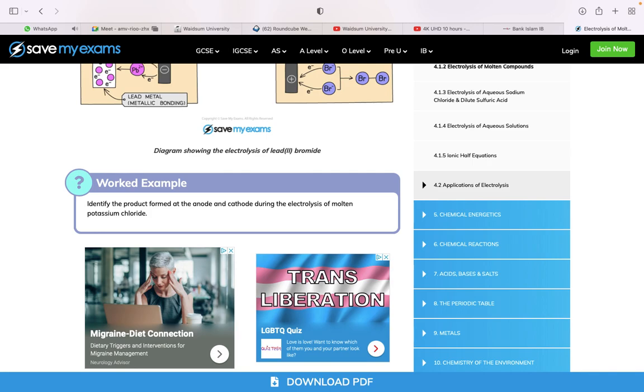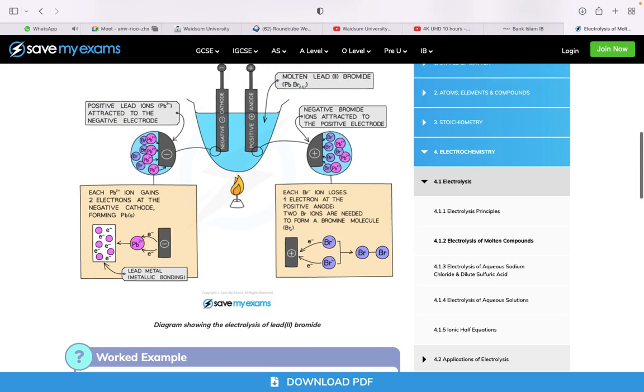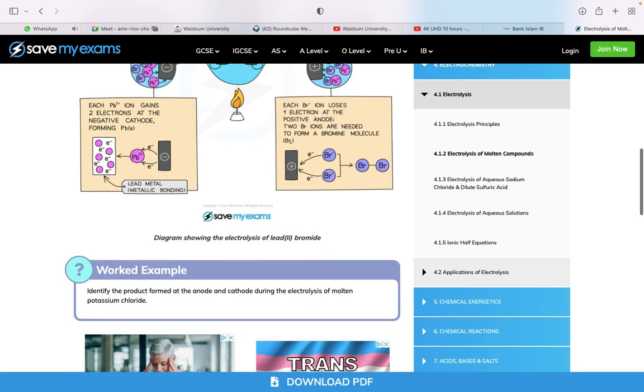When electricity enters the electrolyte, it dissociates into potassium ion and chloride ion. So what will happen? Can someone try and tell me what will be formed? Just now, for lead bromide, bromine gas bubbles off at the anode, while lead metal is formed at the cathode. So in the case of potassium chloride, what will be formed at the anode and at the cathode? Can someone try?